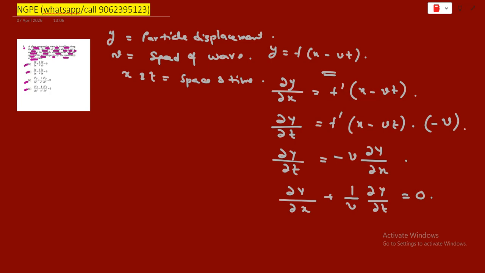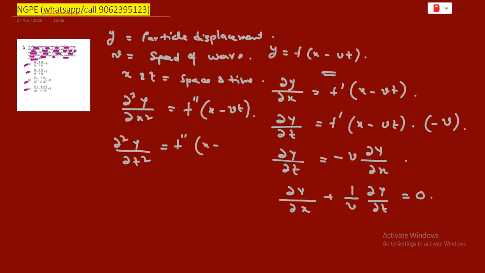Second derivative with respect to x, del 2y del x2, is f double dash (x minus vt), right? The second derivative with respect to t, del 2y del t2, is f double dash (x minus vt) into (minus v) whole square, that is v square f double dash (x minus vt), right?